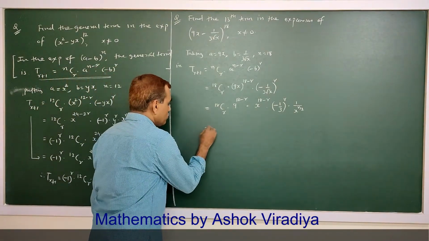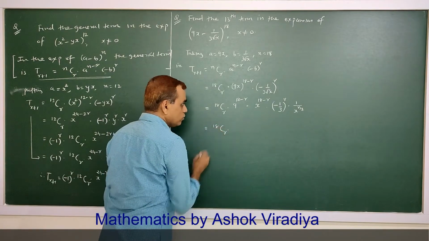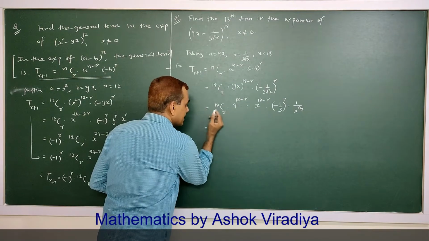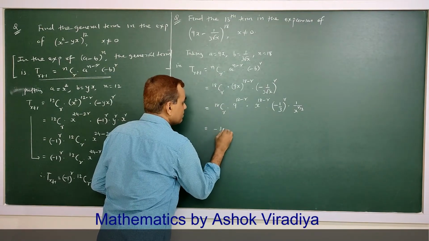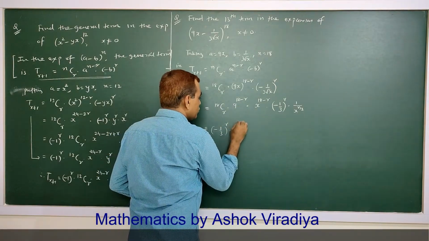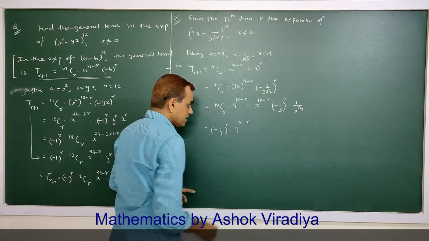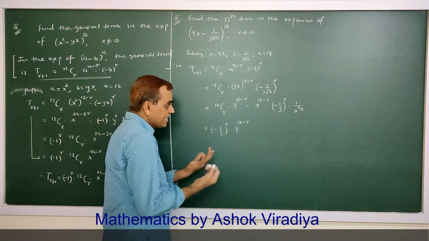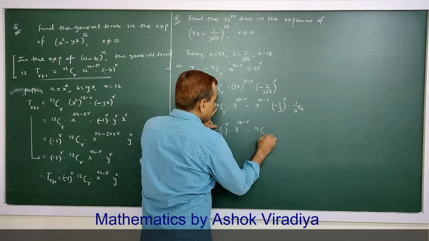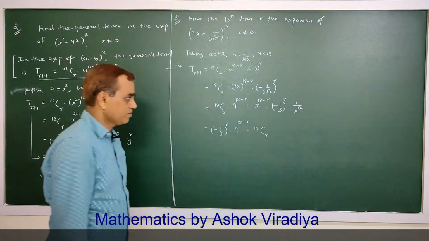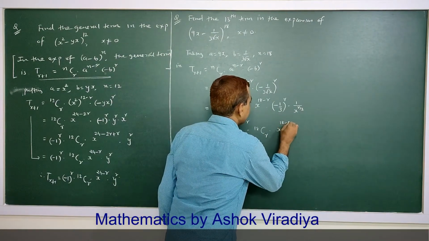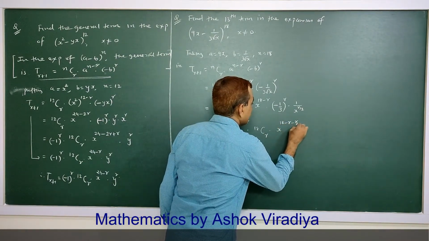Now 18cr into, say, (minus 1 by 3) raised to r, I am keeping in first place, then 9 raised to 18 minus r, constants I am taking at the beginning. This is 18cr into, now joining these numbers, x raised to 18 minus r by 2.